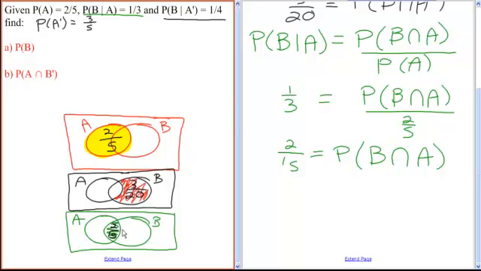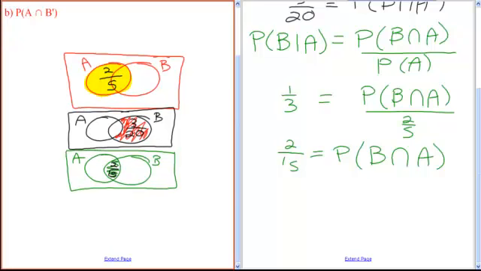So now using these pieces of information, I knew all of A was 2/5 in this first one. And now in the second one, I found the intersection of A and B. So to find just this leftover piece out here, I can find that by taking 2/5 and subtracting that 2/15, which gives me 4/15.